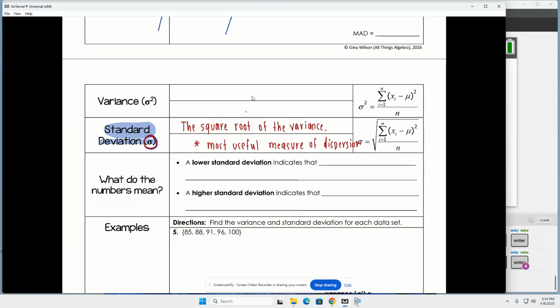So our variance, if you want to put this defined, it's the average squared distance of each value to the mean.